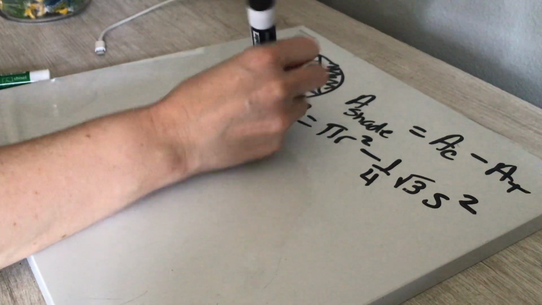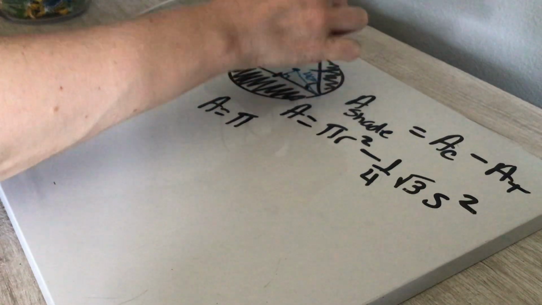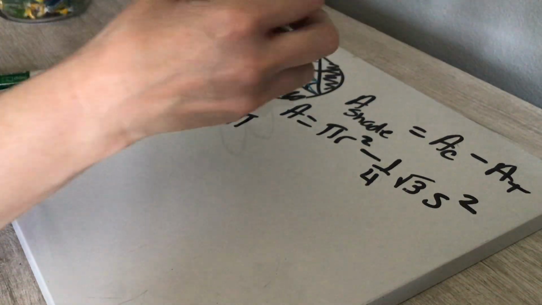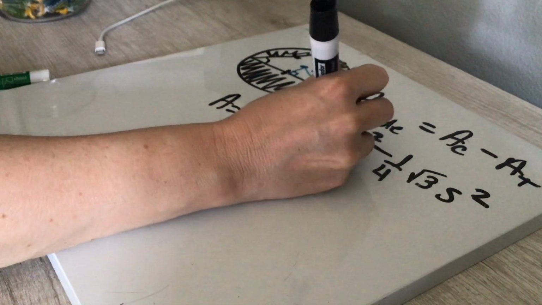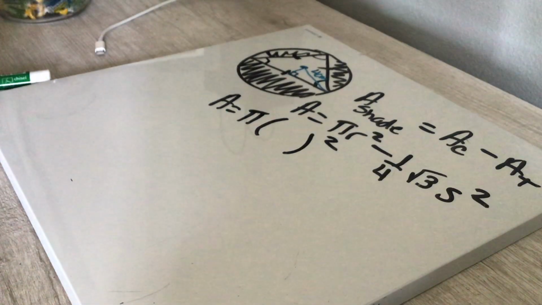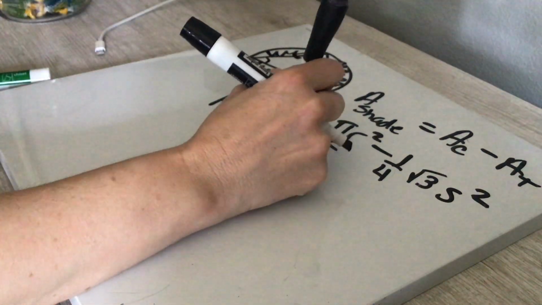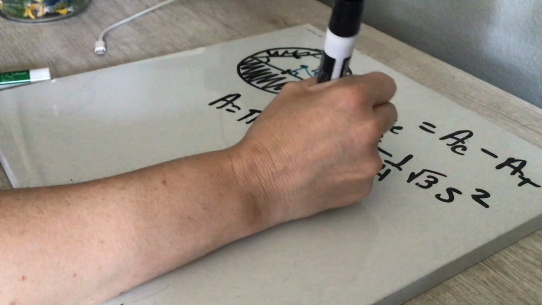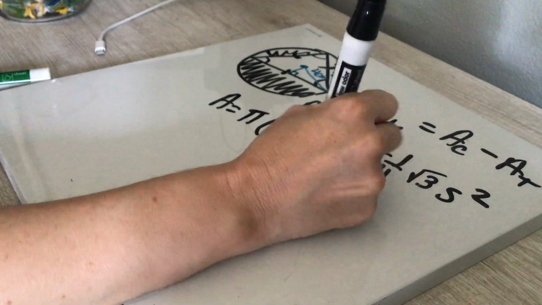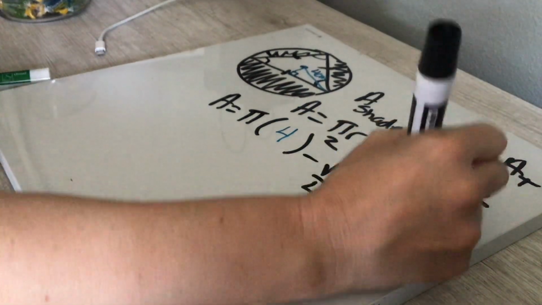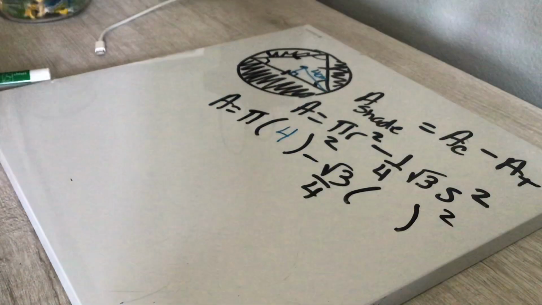We know the radius, because if this is our center, the radius goes from the center to a point on the circle. So the radius is 4 centimeters. Minus square root of 3 over 4 times a side of the triangle squared.